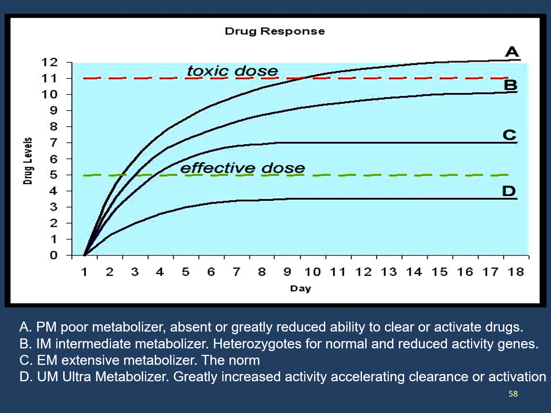Well, the poor metabolizer is the person that doesn't metabolize well. Their level climbs very quickly because they're not breaking it down and getting rid of it. By the time we give them a second dose, they haven't gotten rid of most of the first one. We give them the third dose, they haven't gotten rid of most of the first 2. Very quickly, the poor metabolizer's level goes up, up, up, up, up, and they will eventually become toxic on a traditional dose.